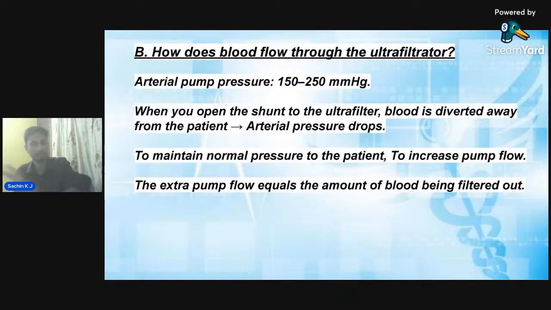If line pressure is 150, when we start ultrafiltration it should become 150 only, because flow to the patient will reduce. So that's why we need to maintain arterial pump pressure during ultrafiltration. We need to check before starting ultrafiltration. So next one, sir.